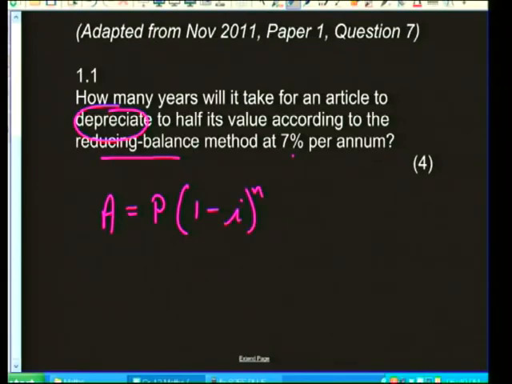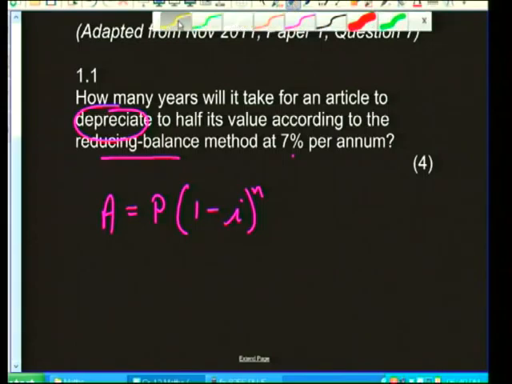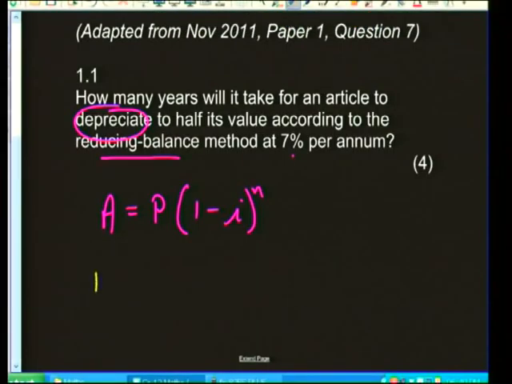All right. Part 2, we have to realize that they don't actually give us a value. They don't say you have a Porsche Boxster at 1.5 million and in 10 years' time it's going to be how much? They're not giving us a value. Half the value. 2 ways to do this. I could say, well, it now is 100 and it was 200, and then we're going to put the other numbers in.